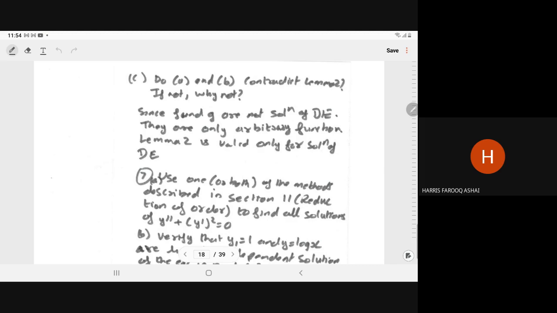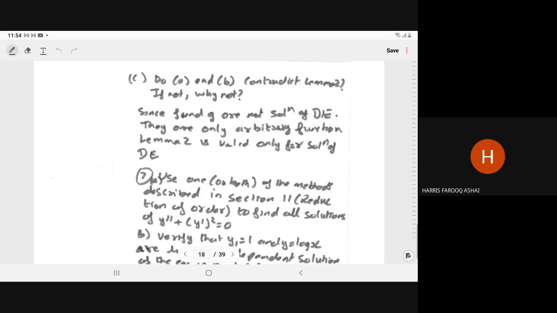Do A and B contradict Lemma 2? If not, why not? In Lemma 2, what is the main condition? What are y1 and y2? What are f and g? f and g were the solutions of a second order homogeneous equation. But in this question, f and g are not solutions. They are arbitrary functions.